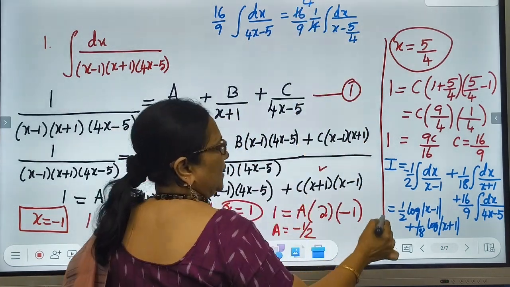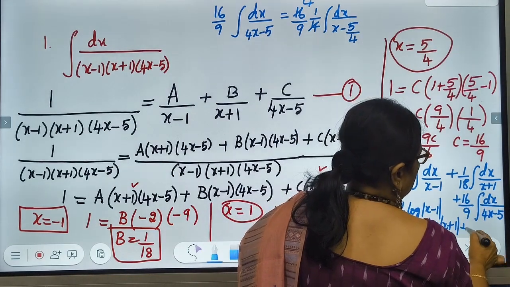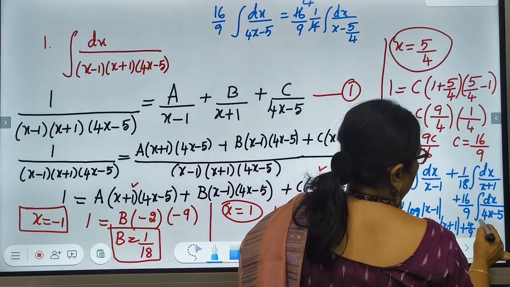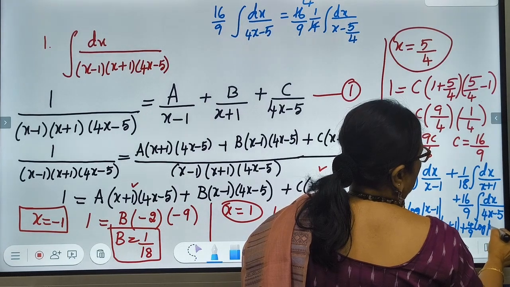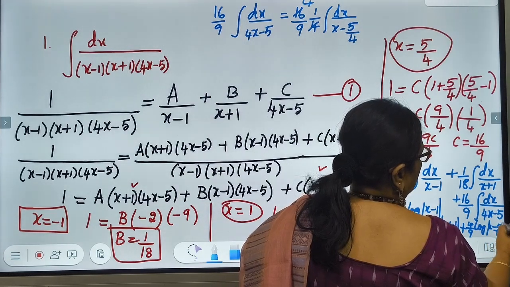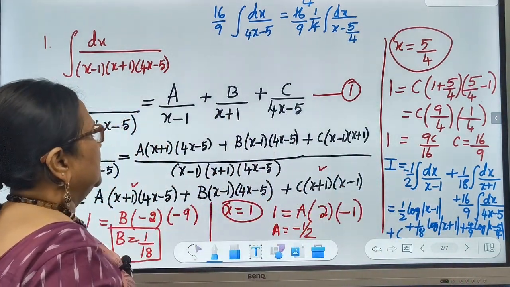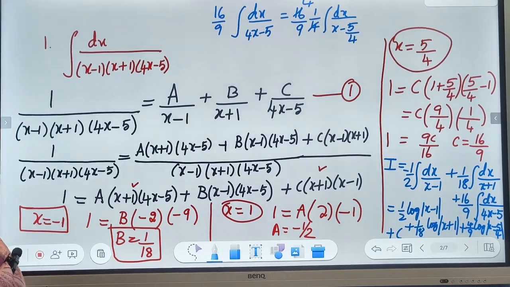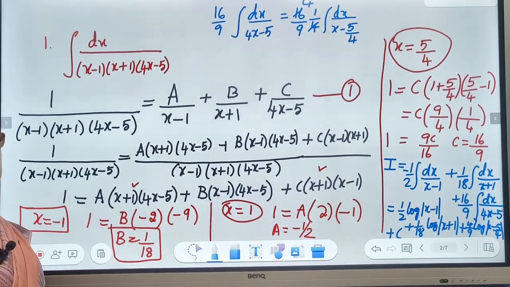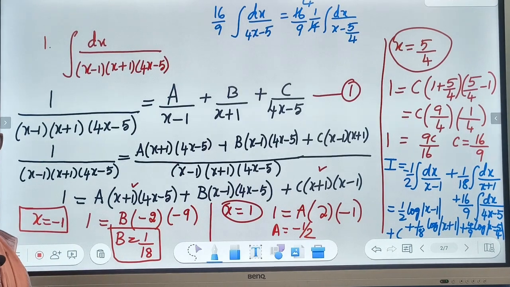So this will be plus 4 by 9 log mod x minus 5 by 4, plus constant of integration C. This method is called the method of splitting into partial fractions and then integrating, which makes the process of integration much easier.